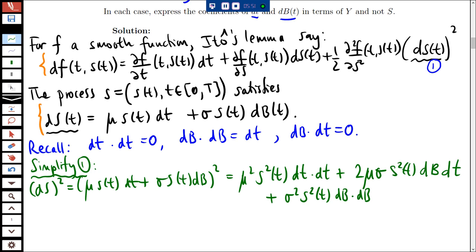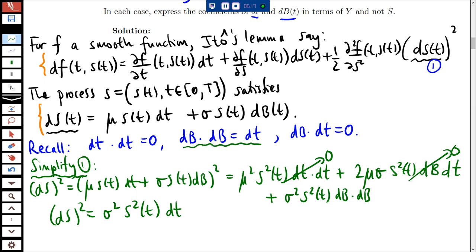Okay, so using the properties in blue, dt squared is 0, so that term's gone. dB dt is 0, that term's gone. So actually ds squared is simply the volatility squared, the share price squared, dB squared, which is actually just dt, which is this middle property here.